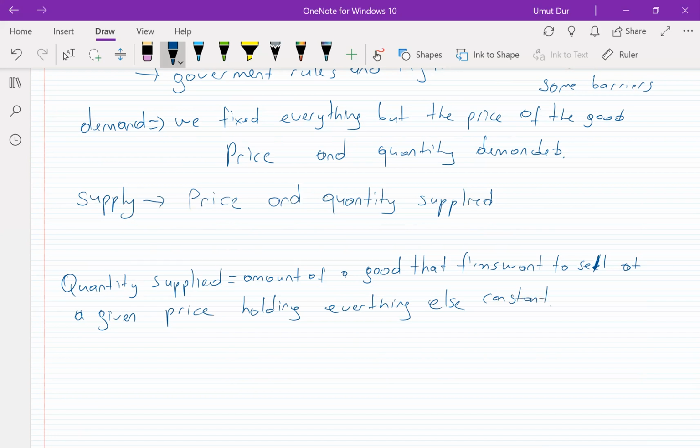Okay, and we use the supply curve to show this relation.